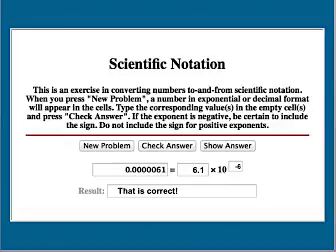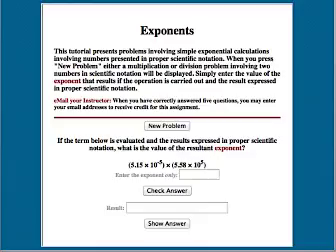Another operation that you're going to do a lot is actually buried up top in the math review. Let's just look at that quickly. These are exponents. All I want you to do here is to give me the resulting exponent of this calculation. Now you have to do two things here.